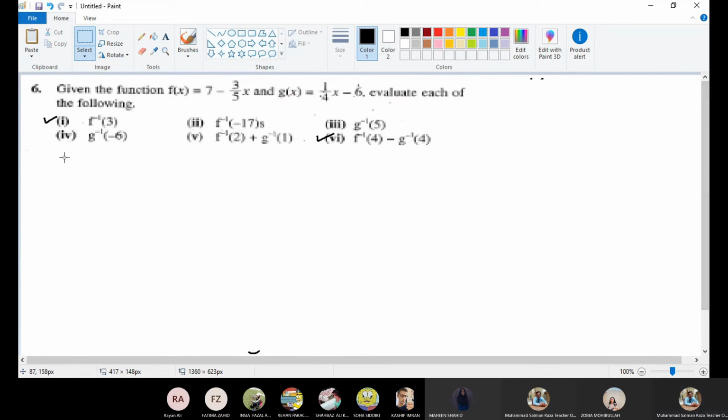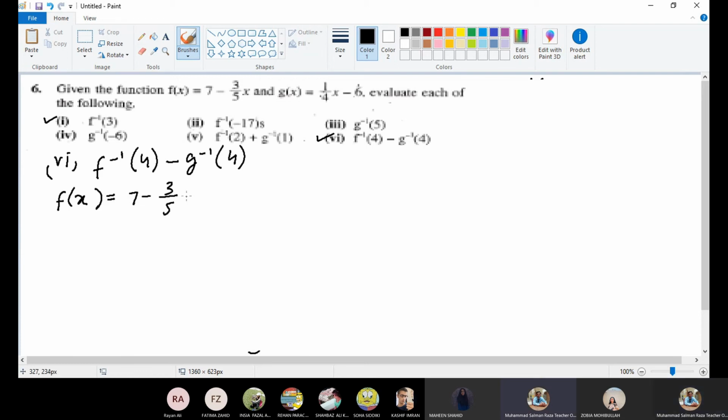Now part number 6 is f inverse of 4 minus g inverse of 4. So f inverse of 4, the function of f is 7 minus 3 over 5x, and we are going to make the inverse of it, so equating both sides to y.